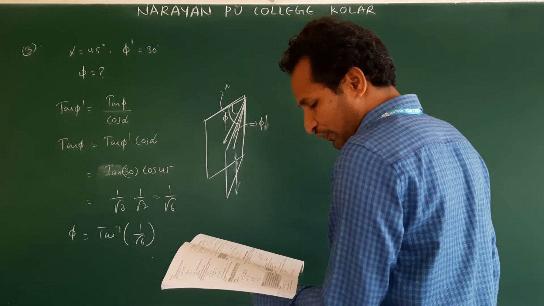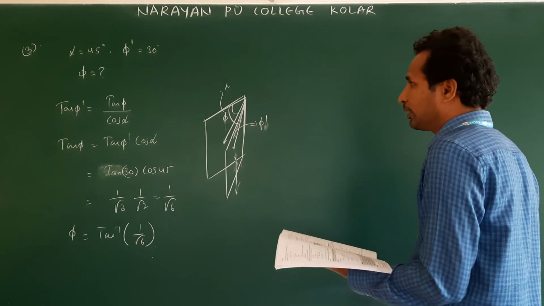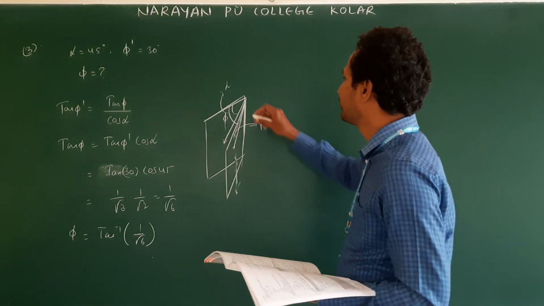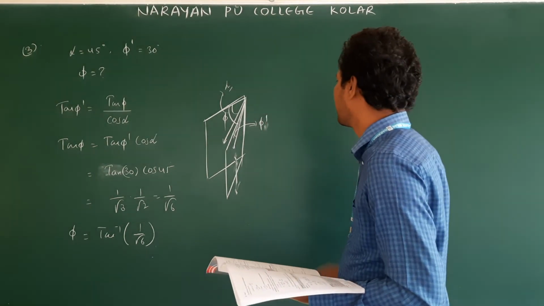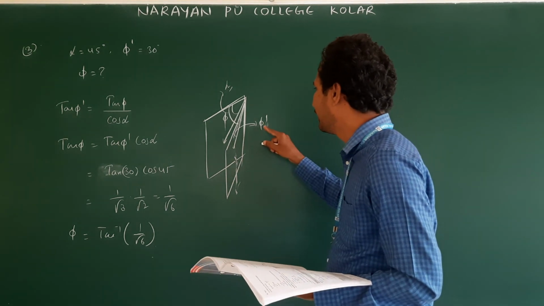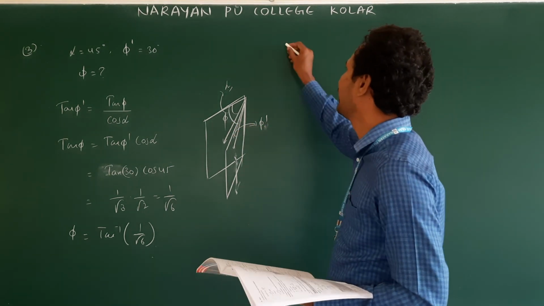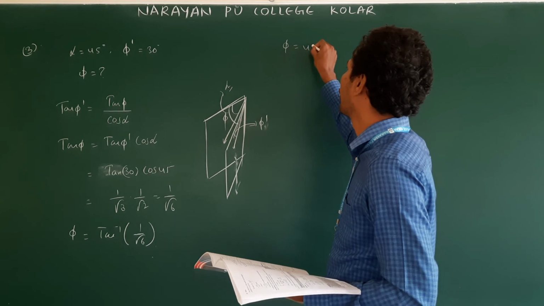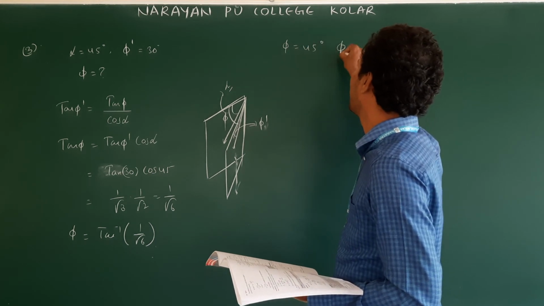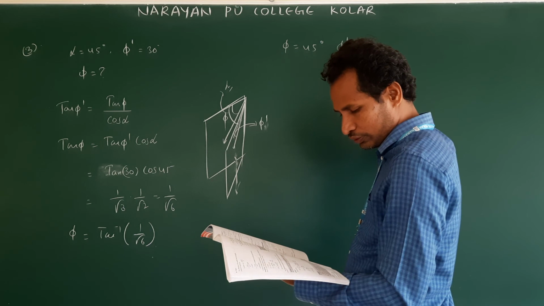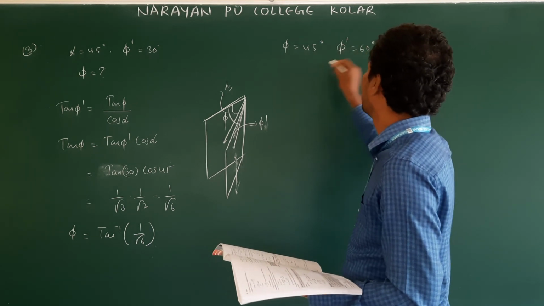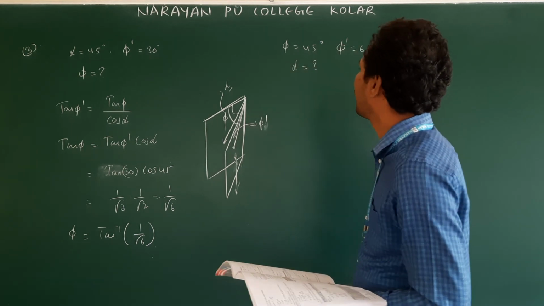So same, they are asking alpha in this question. They have given apparent dip and true dip. What is true dip at that place? 45 degree. Apparent dip is what? 60 degree.